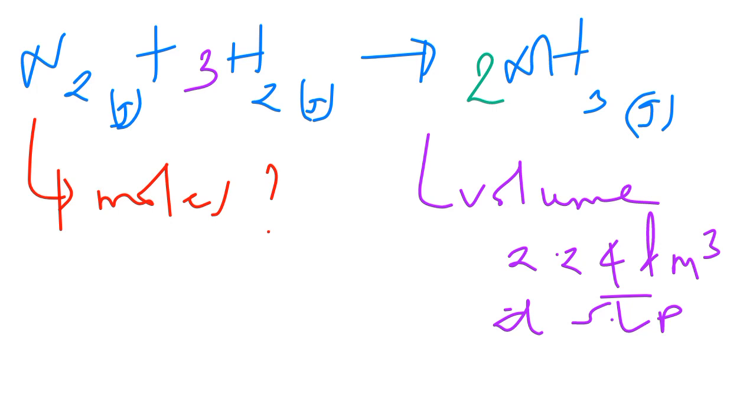So after getting this information, we go back to the whole concept. Any 1 mole of any gas at STP is equal to 22.4 dm³.